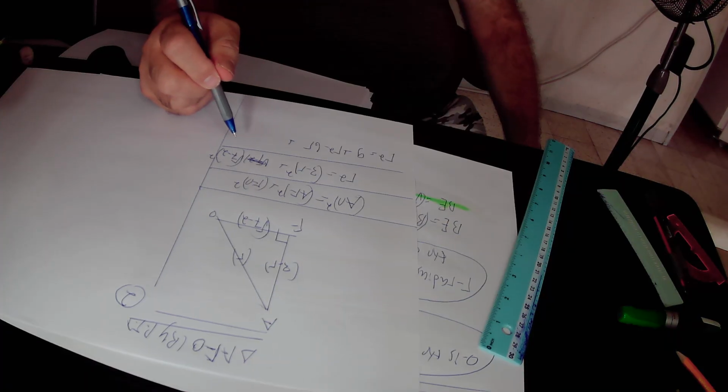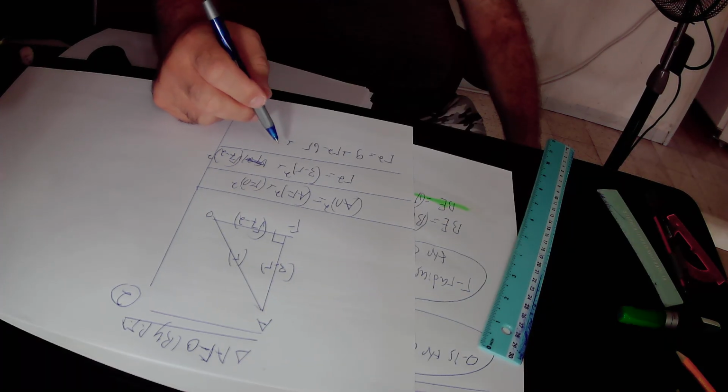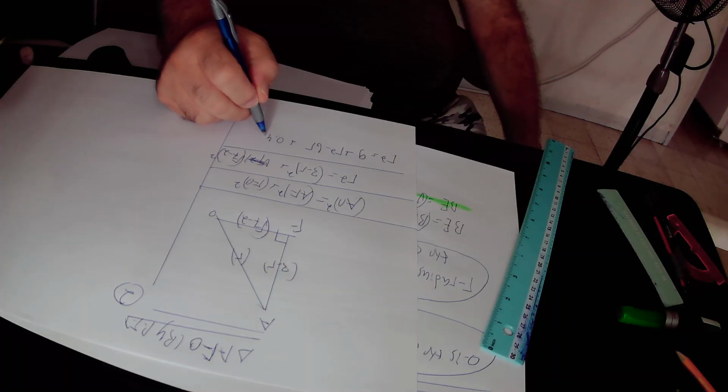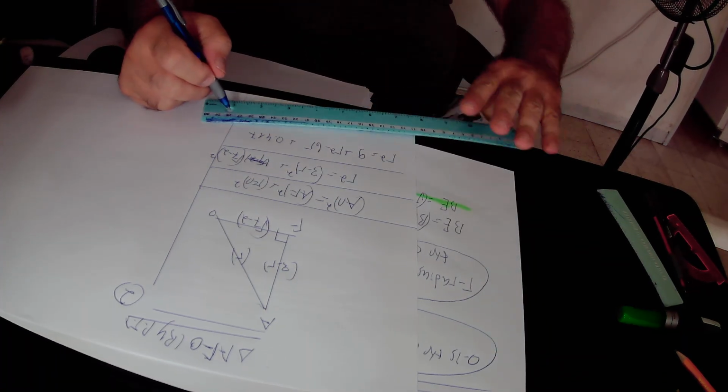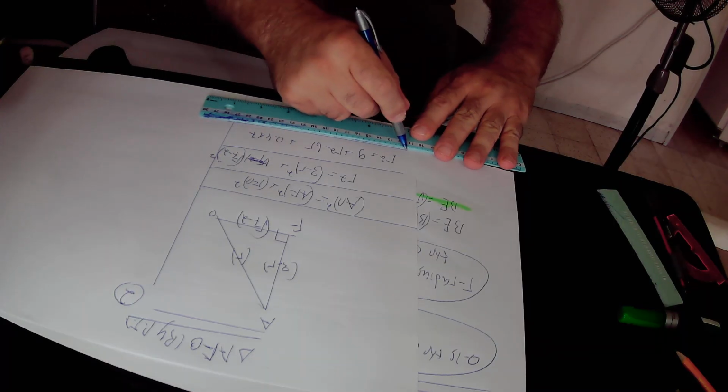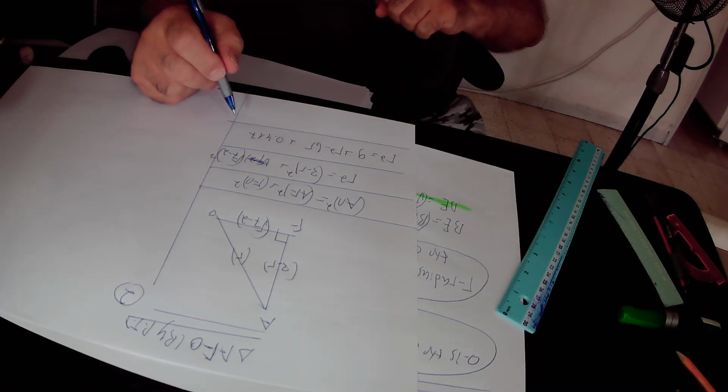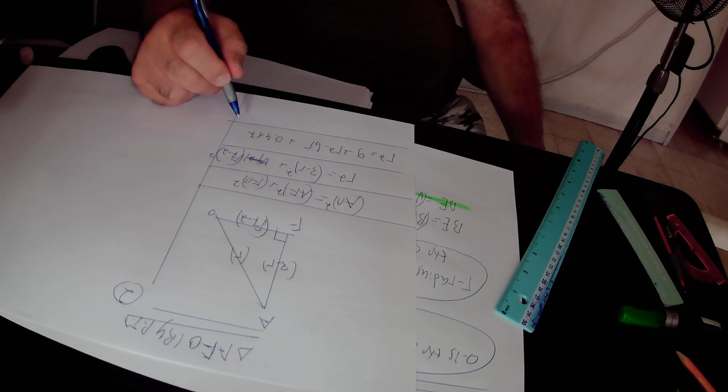So in total we found out that R squared equals 9 plus R squared minus 6R plus 0.417.